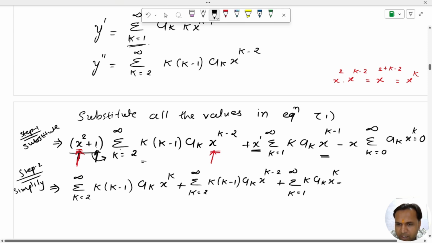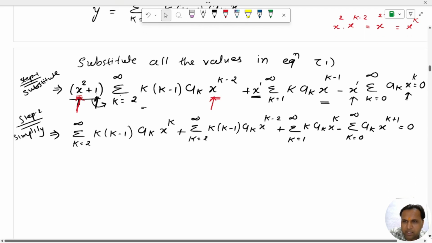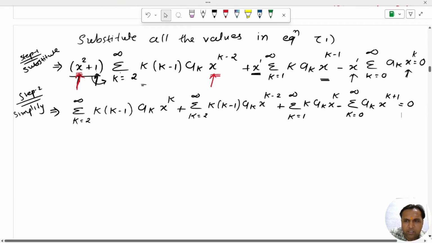And minus, if I multiply x with x raised to k, the power is 1, so it becomes x raised to k plus 1: summation k equal to 0 to infinity, a_k, x raised to k plus 1, equal to 0. Right? This is step 2, that is simplification. It's too easy. Now, is everyone clear? Done? Okay, just follow the steps, you will get the answer and you will get the 7 marks also.